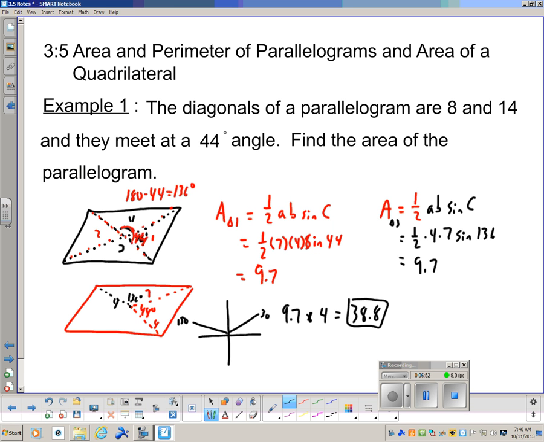So it's no wonder that if we take the supplement of 44, which is 136 over in quadrant 2, of course it's going to give us the same value. And that will happen each time. So you really only need to find the area of one triangle and then multiply it by 4, because that will happen every single time when they're giving you the angle here in the center, where the diagonals end up intersecting each other.